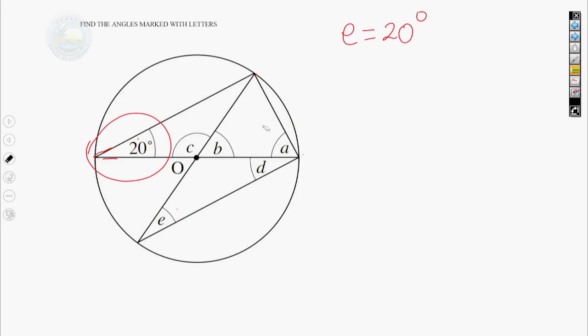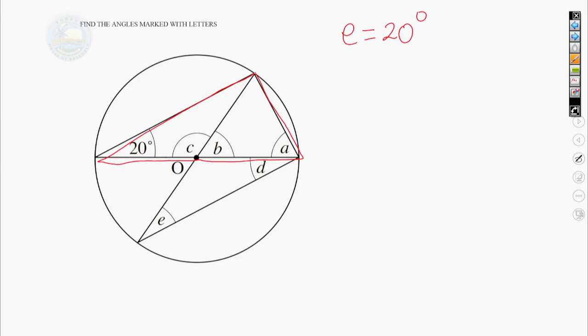Let's erase all these extra lines and look again. So let's see if there are any other shapes that involve this angle. Well, what about this one? If we come here and we go all the way and we come up, what shape is that? Well, that is a triangle. Now, do we know any special thing about this triangle?